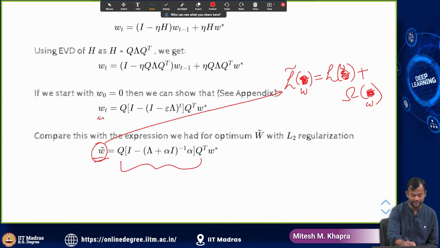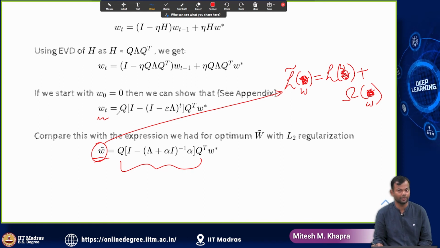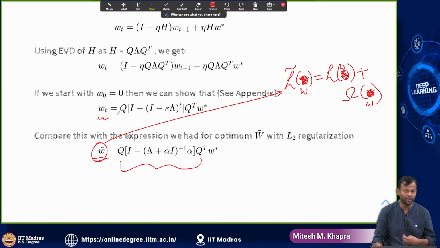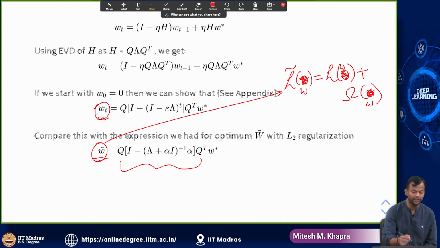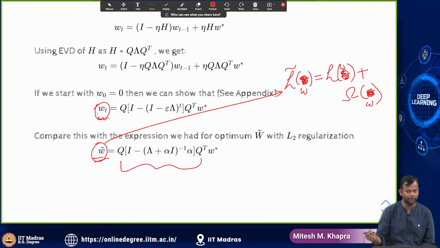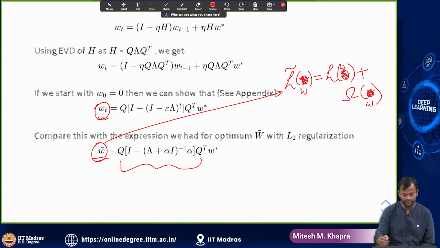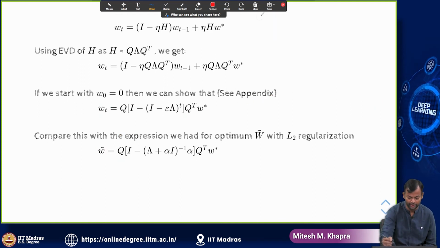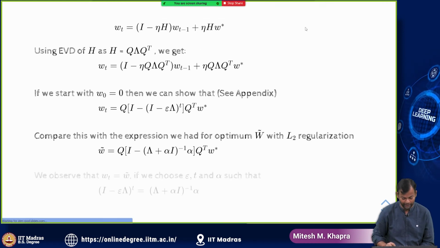And we have arrived at a similar formula in this case also, right, where we are trying to express Wt, right? And Wt is the optimal because that's where you are going to reach after t time steps, and you are going to stop after t time steps. So these two formulae have some correspondence, and in fact you can show that these two formulae are equivalent in this very unique case.